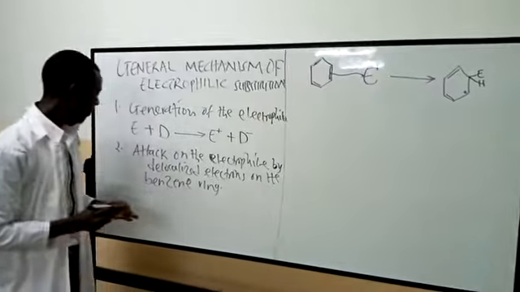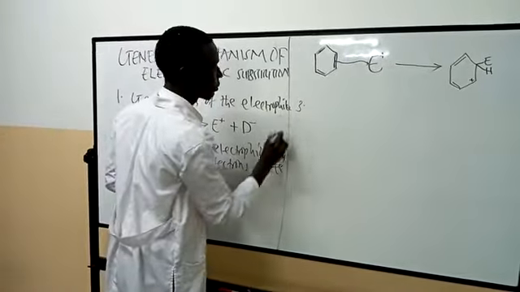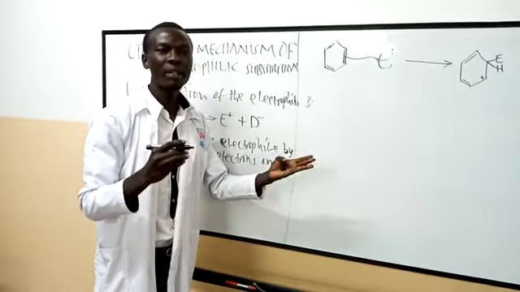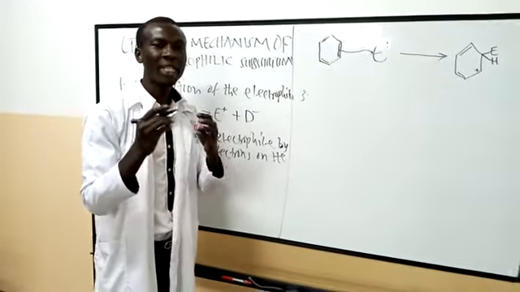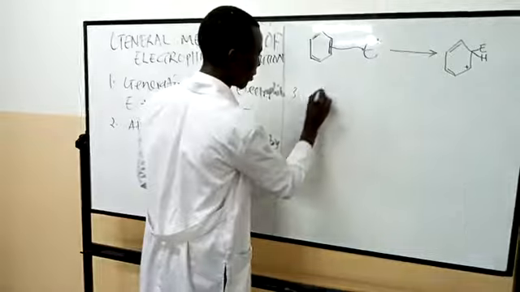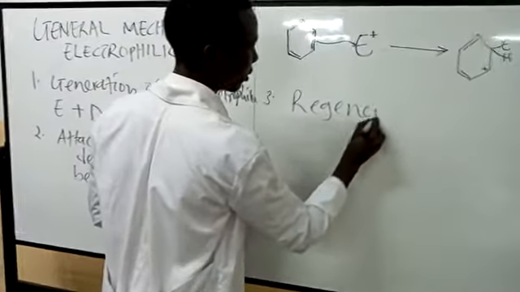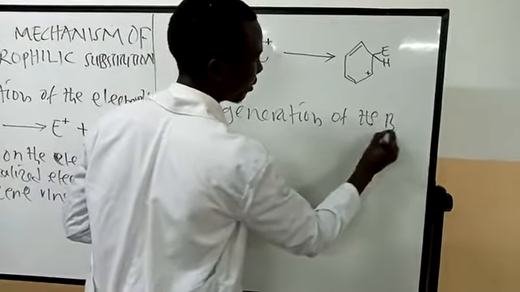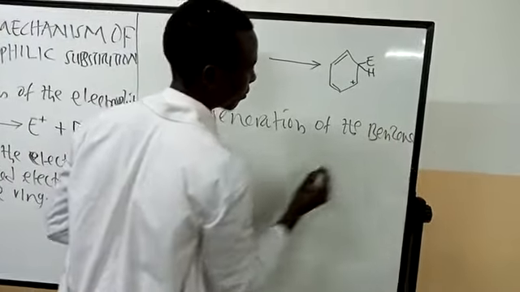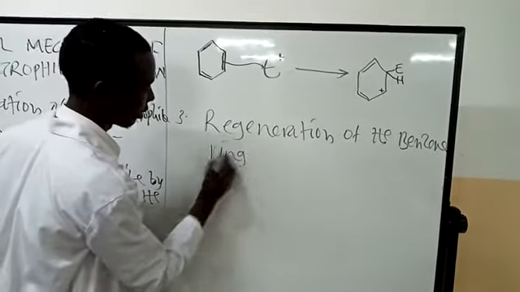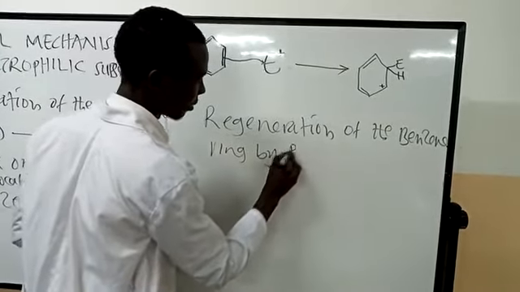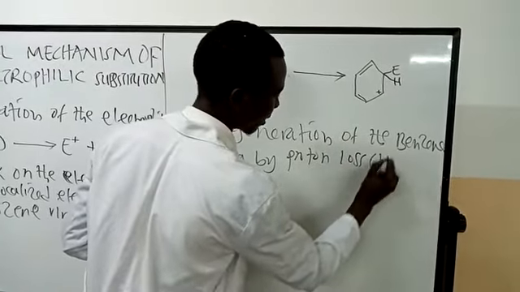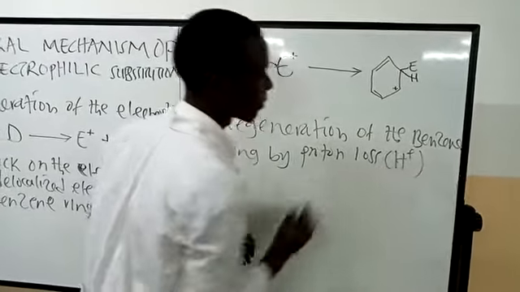So the next step is regeneration of the benzene ring by proton loss, in brackets hydrogen ion loss.